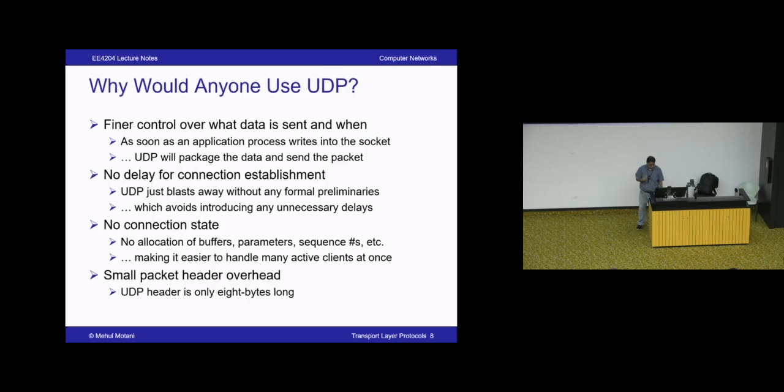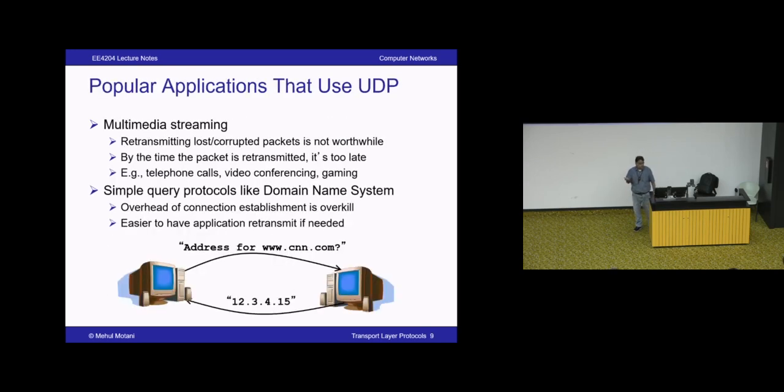Then we talked about why you would use UDP. You'd use UDP when you don't need reliability and you want finer control over timing. With TCP you have slightly less control over when the packet is sent out. So real-time applications, but as I ended with last time, most modern applications use TCP, and they work fine in real time.